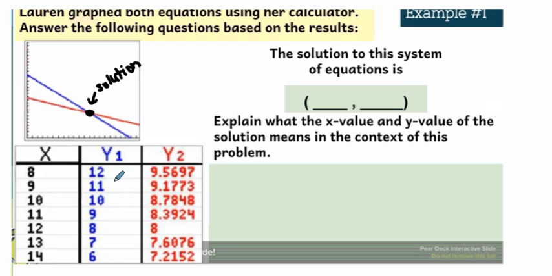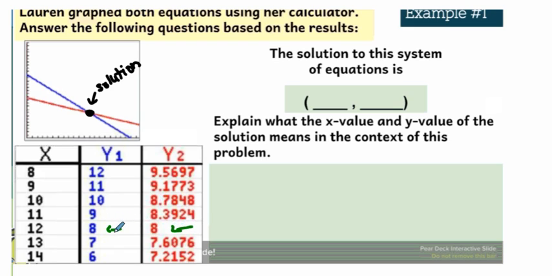Here's our table of values. What are we looking for here? In order to find the solution to a system of equations, we want to find the point that is on both lines. The X values are the same for each line, but the Y values are different for each line. We will know that we found our solution when the Y values are the same for both equations. So if we're looking here, not the same, not the same. Oh, look, right here.